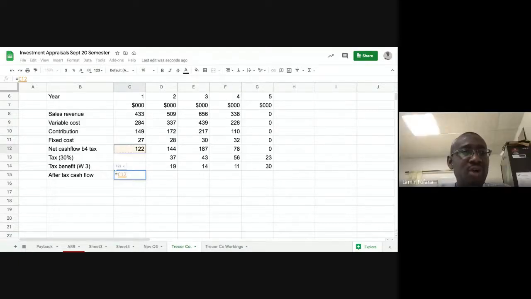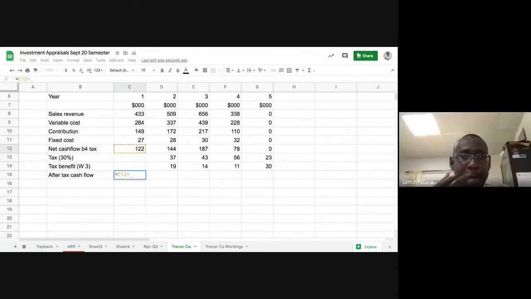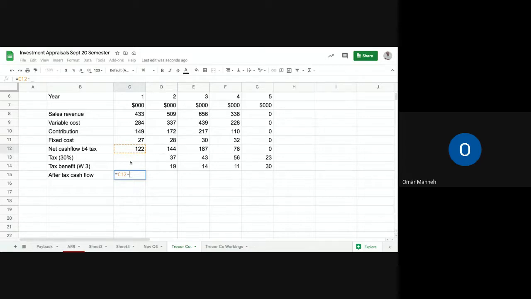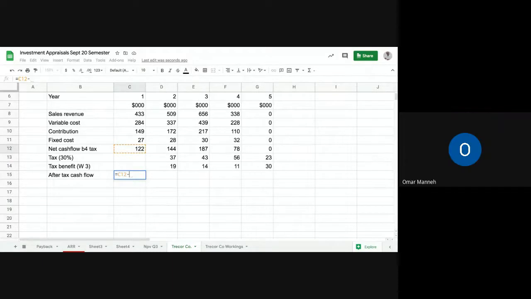That's C12, isn't it? Yes. C12 minus in bracket. No bracket. No, not this one. It is going to be the same value. Okay, minus. For the first one, since there is no tax that is supposed to be paid, it is going to be minus open bracket.